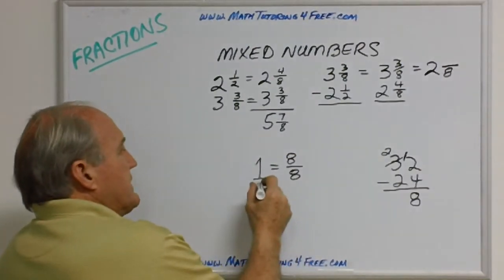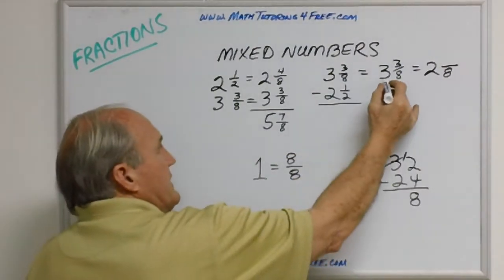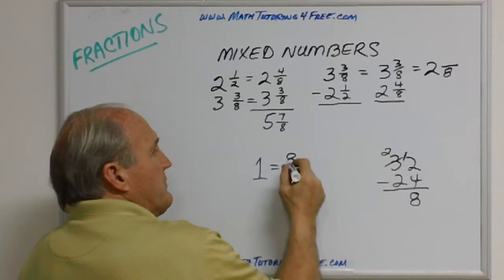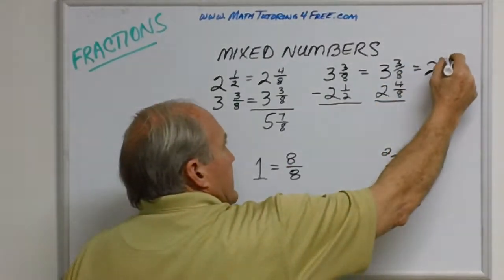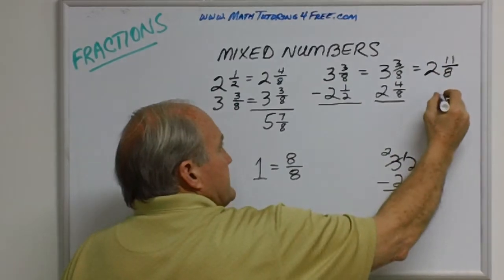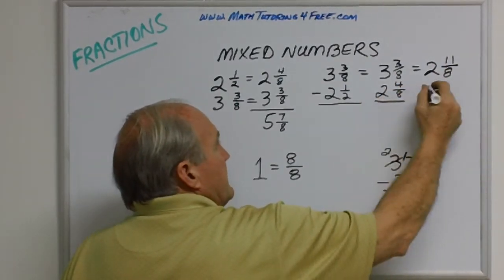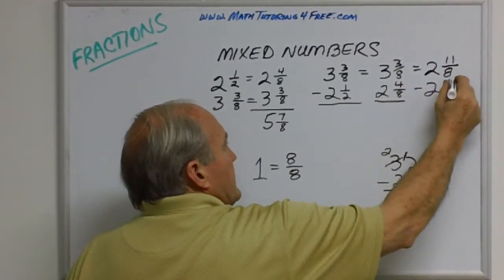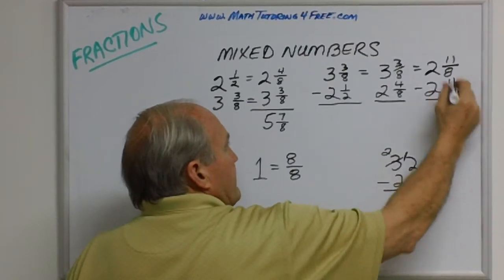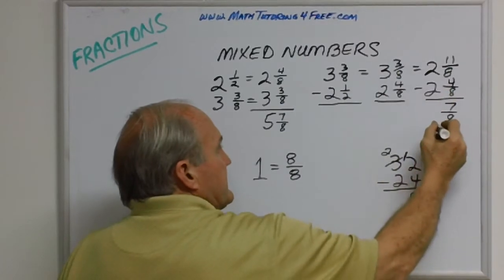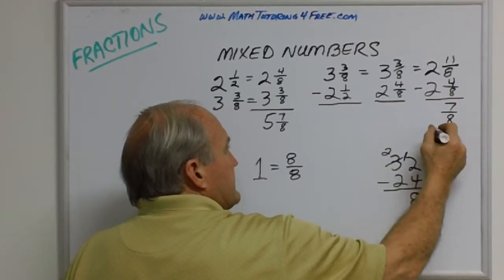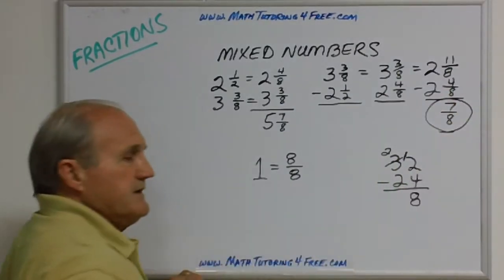So when we borrow 1 from the whole number, we're borrowing 8/8. We had 3/8. That now gives us 11/8. Then can we subtract 2 4/8? Sure, 4 from 11 is 7, and 2 from 2 is nothing, so therefore our final answer is 7/8.